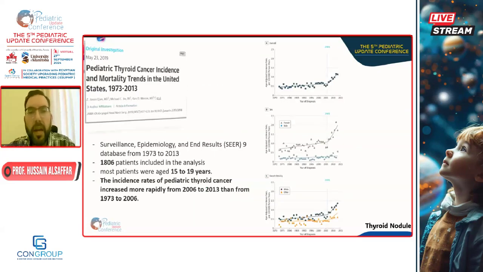If we look at epidemiology of the thyroid cancers, and we know that they can be predisposed by thyroid nodules, look at this study from the US. They looked at the pediatric thyroid cancer incidence and mortality trends in the United States between 1973 and 2013. On this, let me just get the magnifier here.